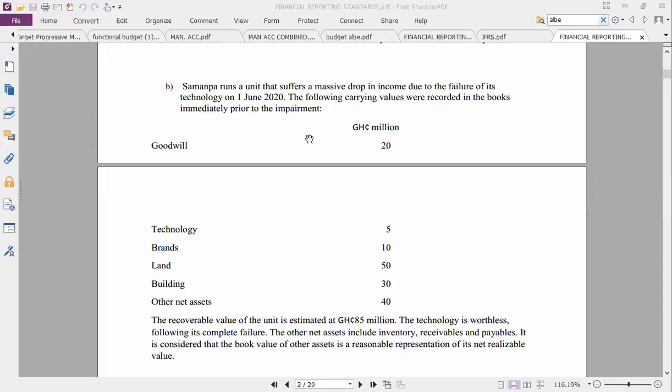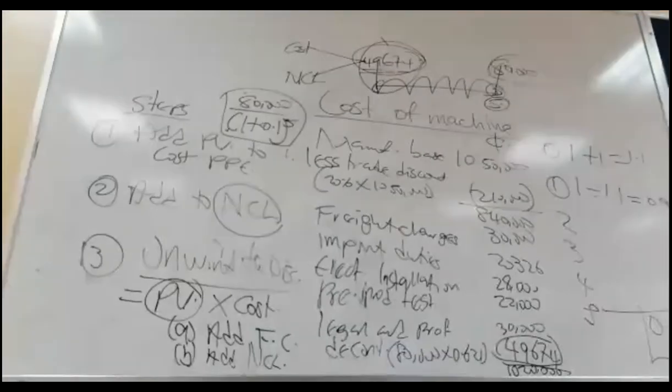The next one is about IAS 36, impairment of assets. So let's look at a brief section about impairment. It's one of the standards that examiners like.